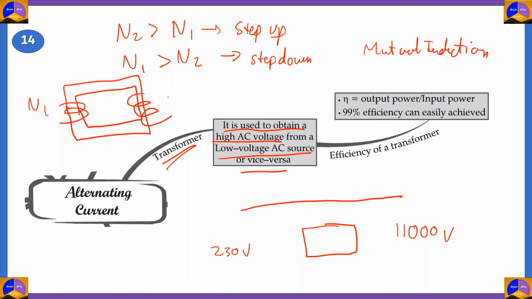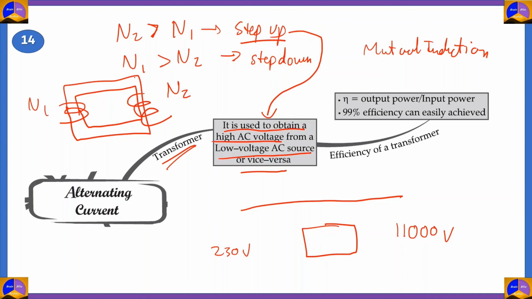So let's say this is N1 and this is N2. And if N2 is greater than N1, so the number of coils wound on the output is more than that on the input, then it becomes a step-up transformer. Step-up means it is used to obtain a high AC voltage from a low voltage AC source.